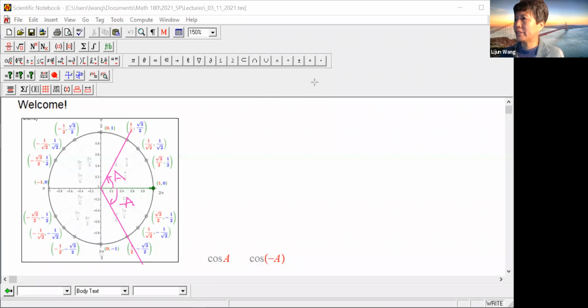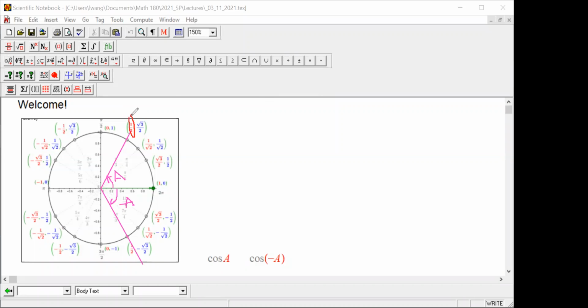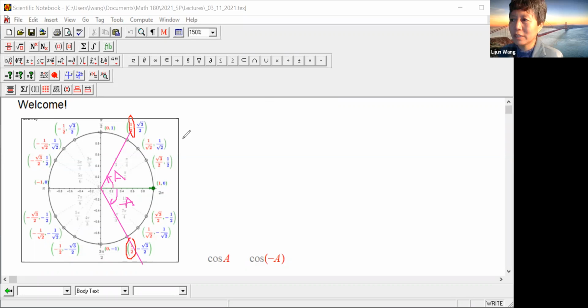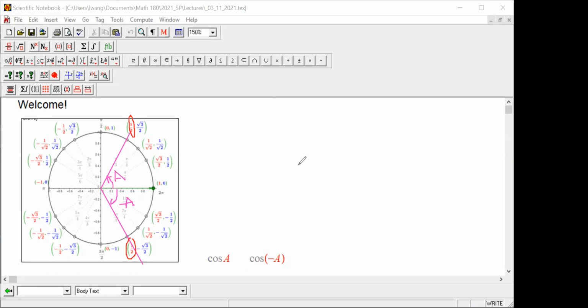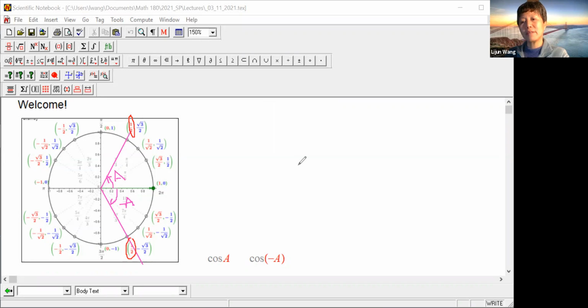And what happened to the ratio? Look at the red number. Stay the same. Same. Because these red numbers are the cosine ratio, right? So when the angles are opposite, the ratios are what? Same.